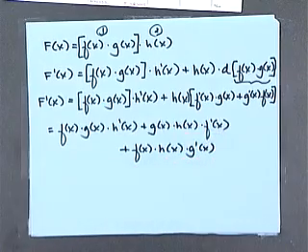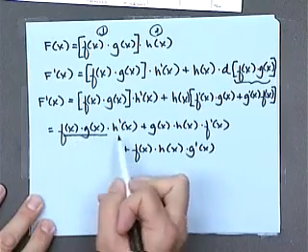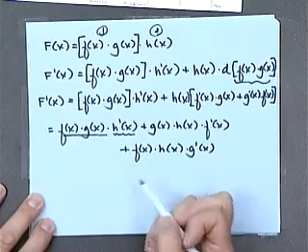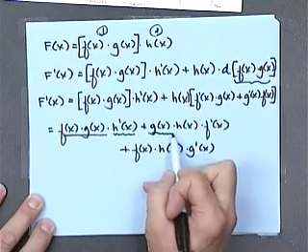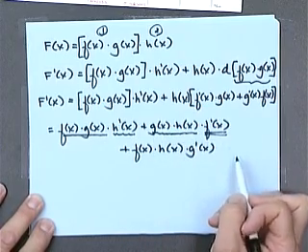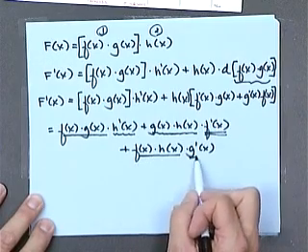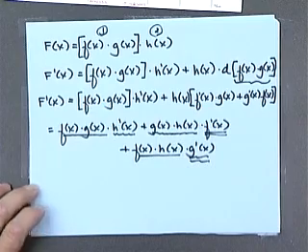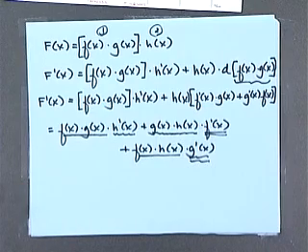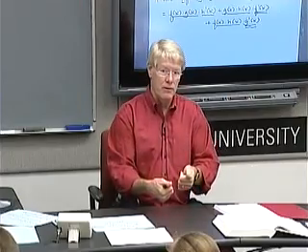So do you see a pattern there for three terms in the product? The product of the first two times derivative of the third, product of the second and third times the derivative of the first, product of the first and third times derivative of the second, right? So it's the product of two of them times the derivative of the other one.